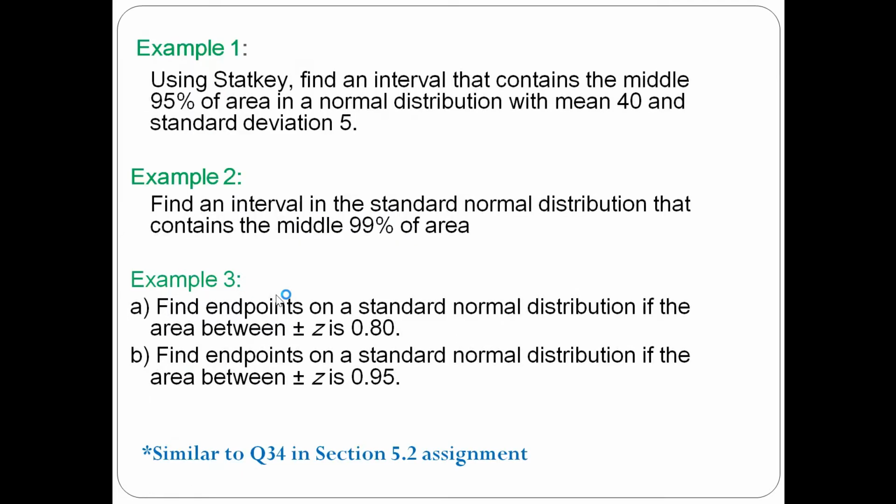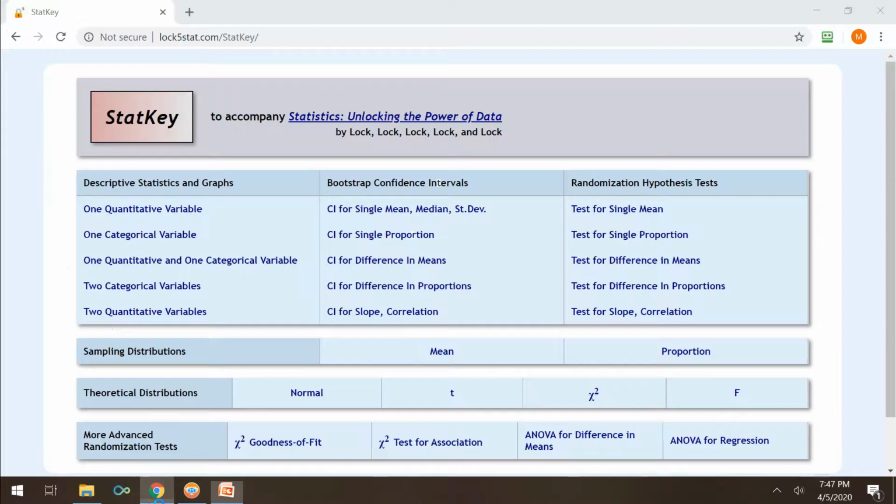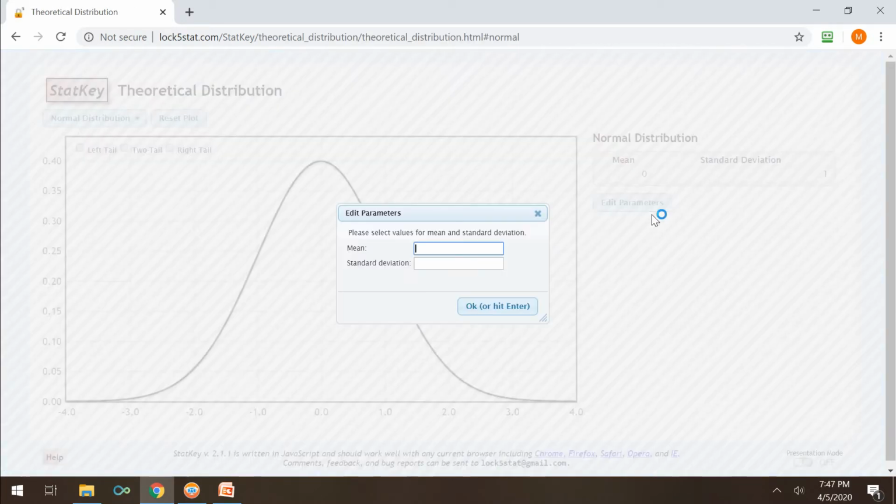So let's see some examples. Example 1. Using StatKey, find an interval that contains the middle 95% of area in a normal distribution with mean 40 and standard deviation of 5. So let's go to StatKey. We'll go into normal and edit the parameters to have the mean 40 and the standard deviation 5.